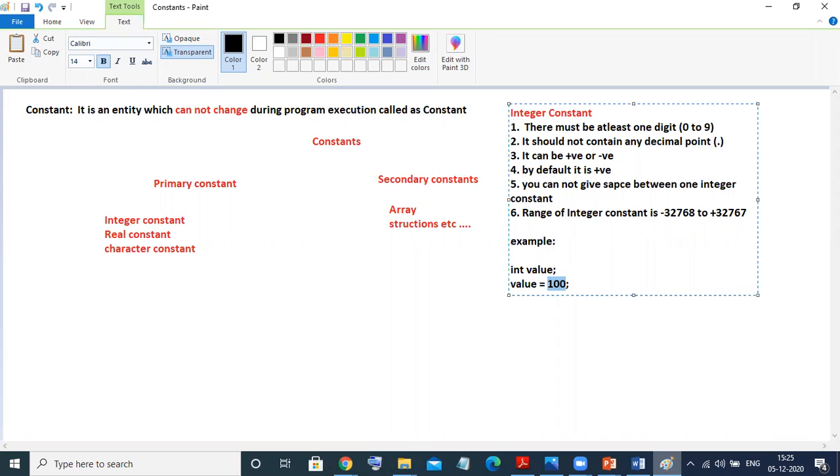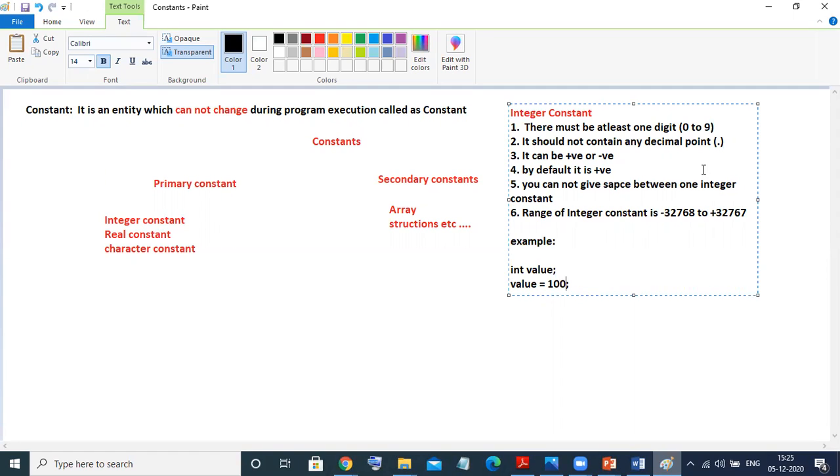Second rule: it should not contain any decimal point; it is not having any. Third thing: it can be positive or negative. Either you can give a plus, or you can give a minus. If you have not given any sign, the number is by default positive, so there is no need to give the sign.